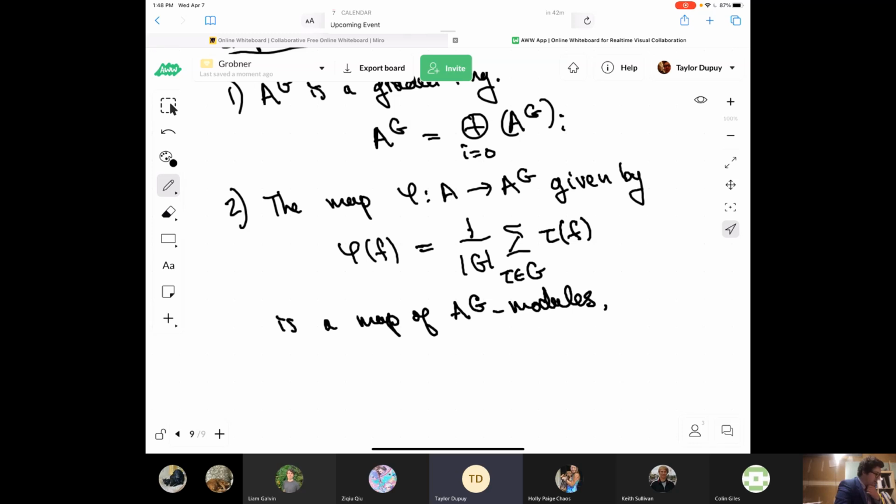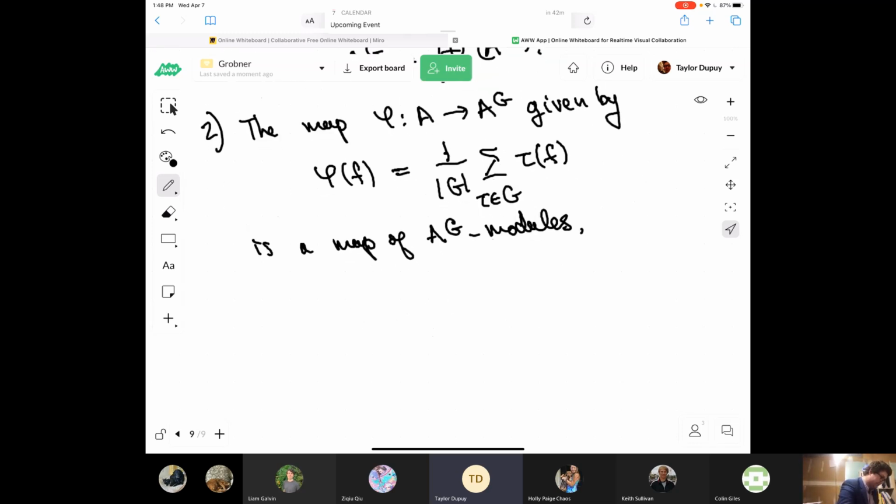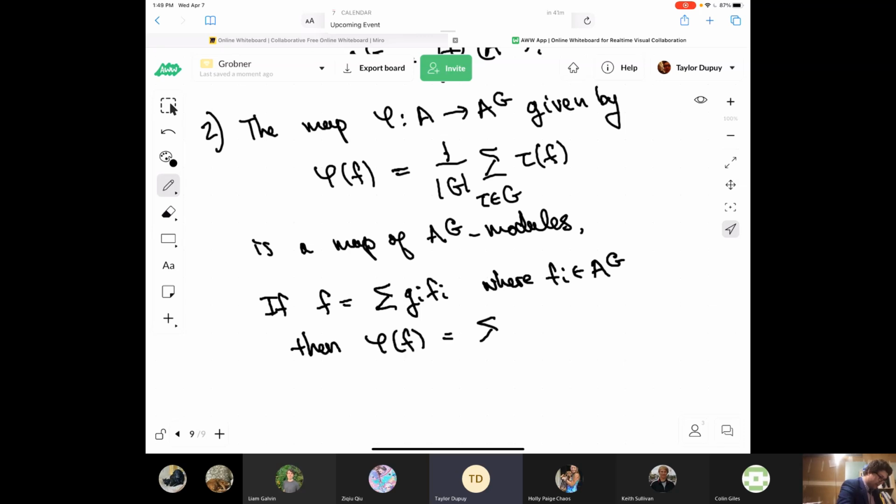So in particular, this means if f looks like the sum of, let's say, g_i f_i, where f_i is in AG, then if we do phi of f, well, maybe I should have written the f's before, this will be the sum of g_i's times phi of f_i's.